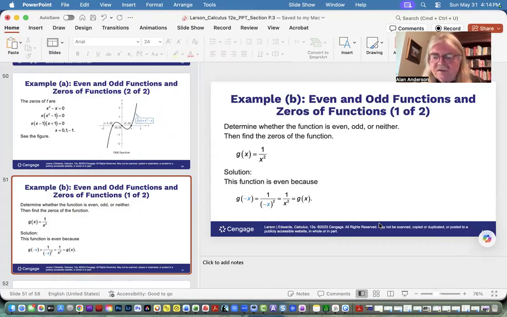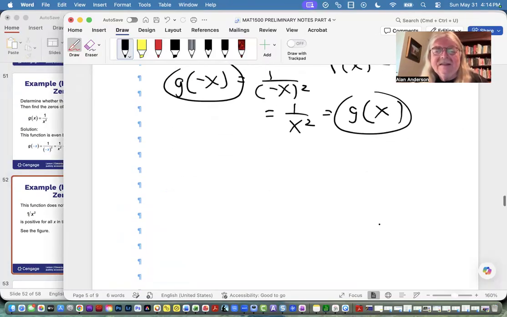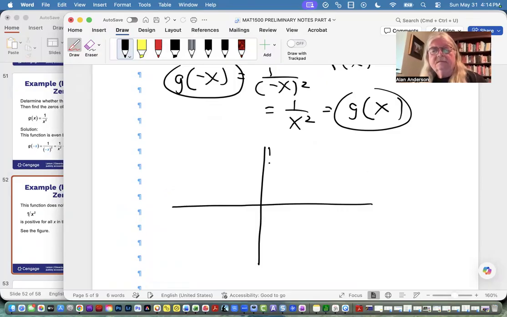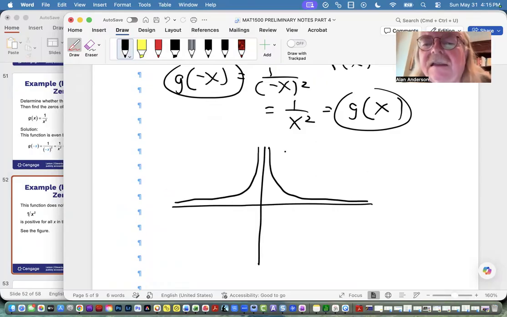Now, what does this thing look like? Now that's an interesting one. So you can see what's on the right-hand side of the axis and the left-hand side, if the graph is drawn correctly, are mirror images of each other.